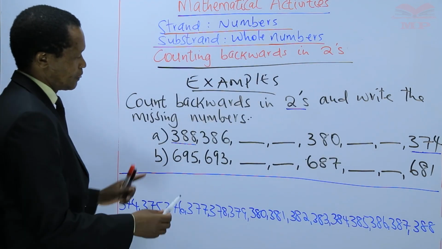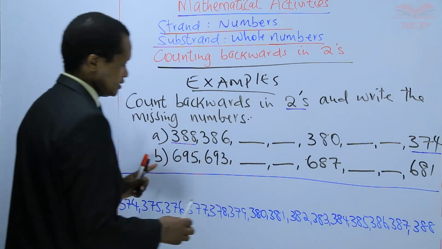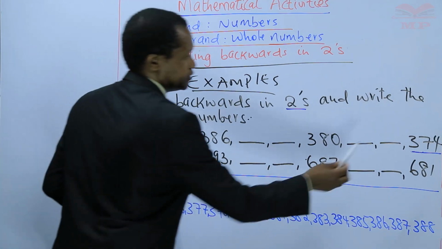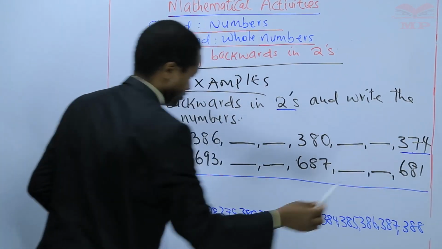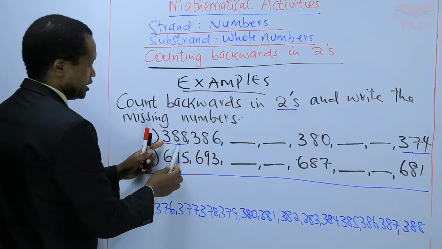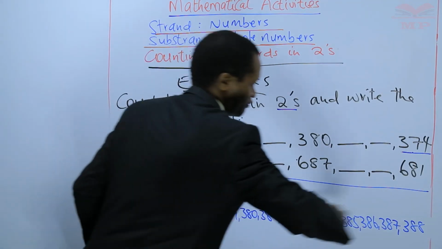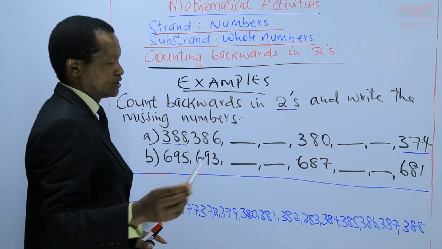So learners, I have written numbers from 374 to 388 moving forward in ones.